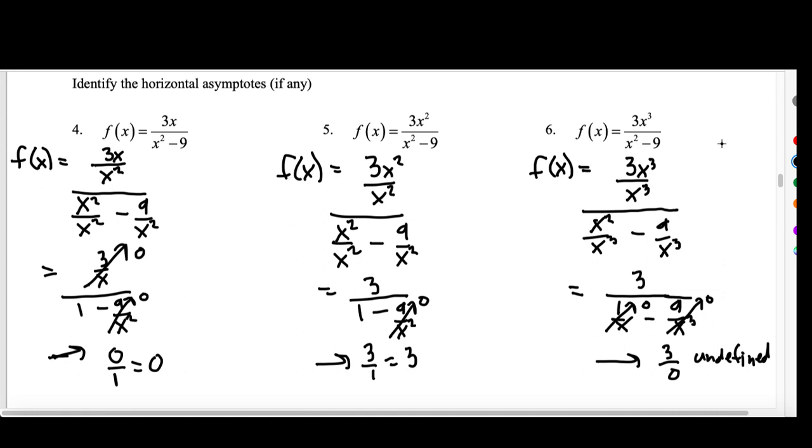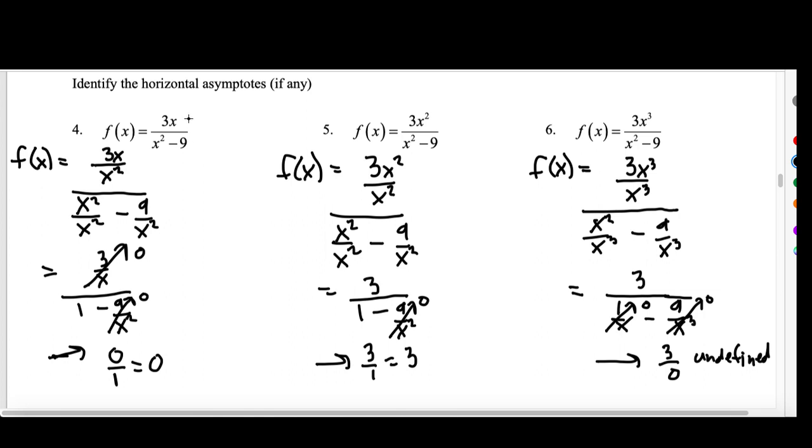However, if we look at these 3 results, we can boil this down to 3 helpful rules. Basically, the horizontal asymptote will always depend on the degree of the numerator and the degree of the denominator. For problem 4, we have a first-degree polynomial divided by a second-degree polynomial, right?